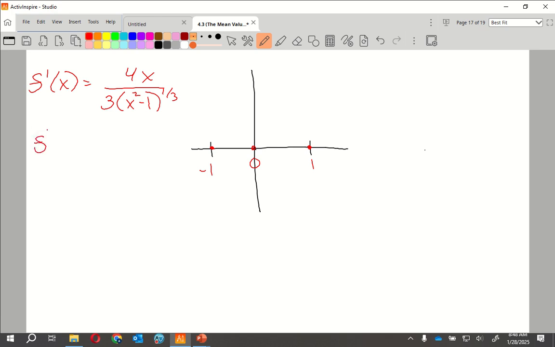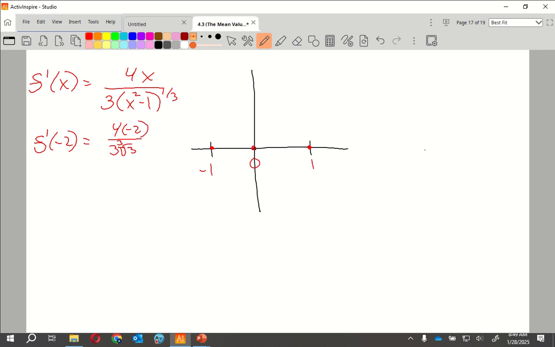So f prime of negative 2. So right here, if I plug in negative 2, that's going to give me a positive in the denominator. So that is going to be 4 minus 1 is 3, cube root of 3 times 3, over 3 cube root of 3 over 4 times negative 2.